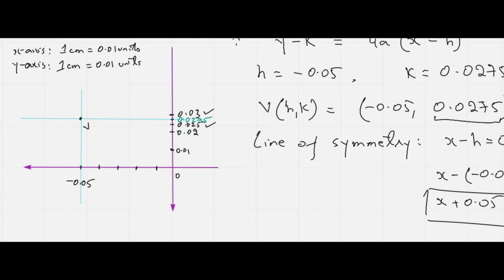Now you know the line of symmetry is drawn automatically. This is your line of symmetry: x minus 0.05 equals 0, which is actually x plus 0.05 equals 0.